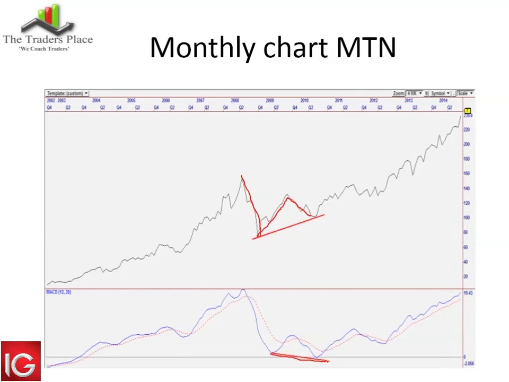Since then, MTN has just continued to rise. The longer the time frame, obviously, the longer the trade would be expected to continue. So when it comes to MTN, this was a really good trade. It picked the bottom, but two years later. All right, so remember what I said, it's a slow indicator, especially on the monthly chart, but that was a really nice place to be looking at MTN.